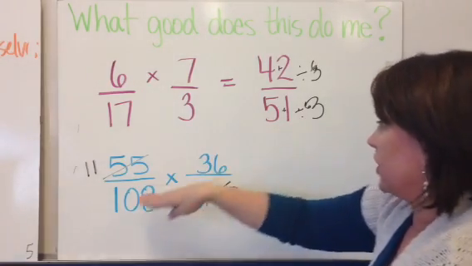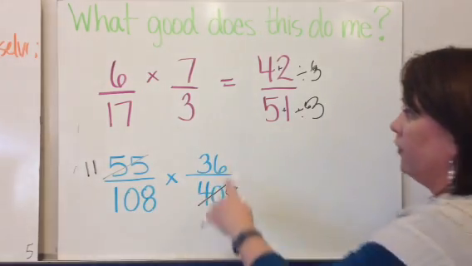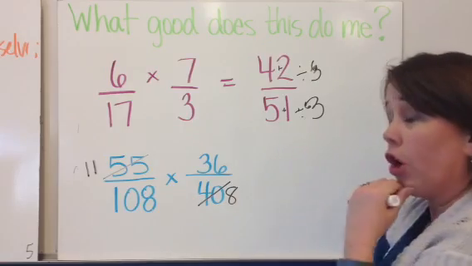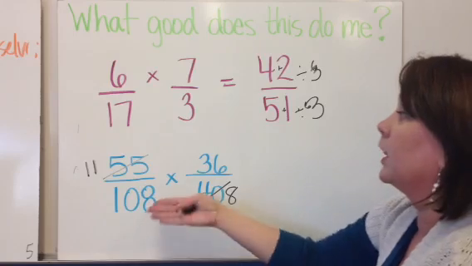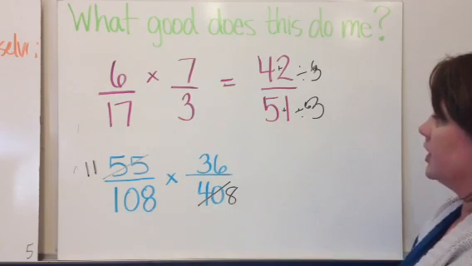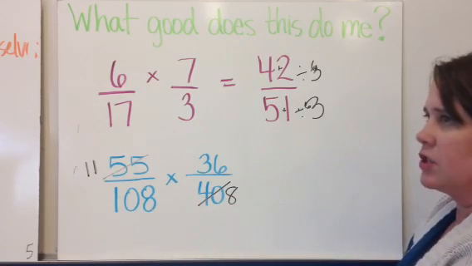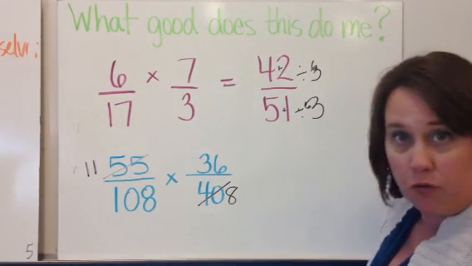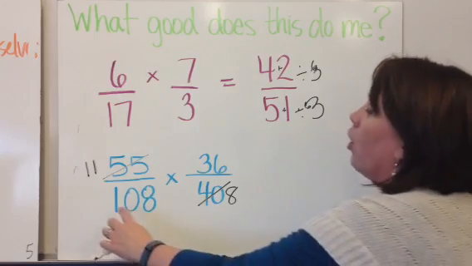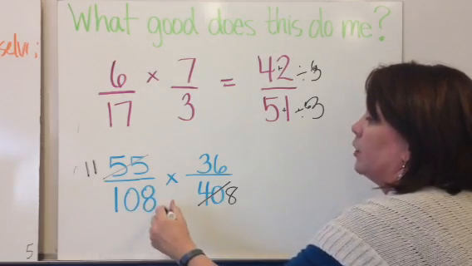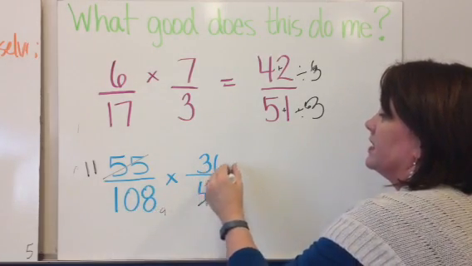So I was able to simplify. Looking at these numbers diagonal, I'm not sure. I know 5 doesn't go in. They both are even numbers, so 2 could go in. But let's see if there's something larger that goes in besides 2. Well, let's do our divisibility rule for 9. Let's go for the biggest one we can. It doesn't end in a 0, so we know 10 doesn't go in. 1 plus 0 plus 8 equals 9. 3 plus 6 equals 9.